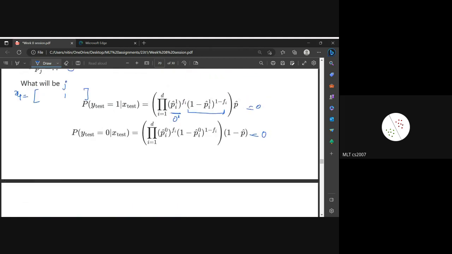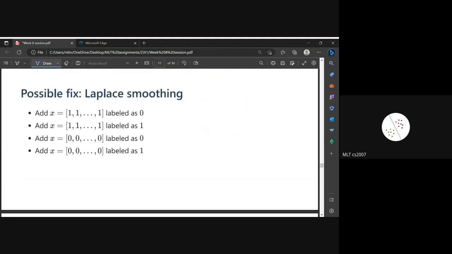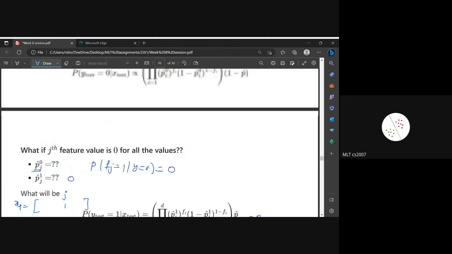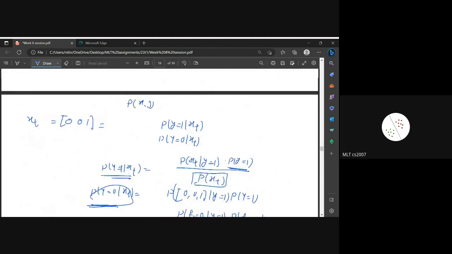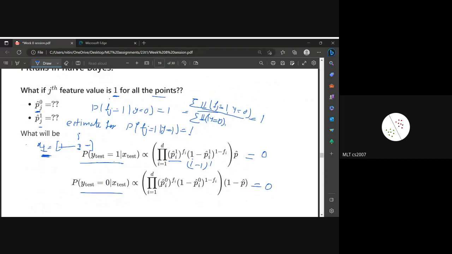So this is the pitfall, and how can we fix it? Think about why this pitfall comes. It comes because in the test data point the jth feature value is 1, which doesn't occur in the training data points.